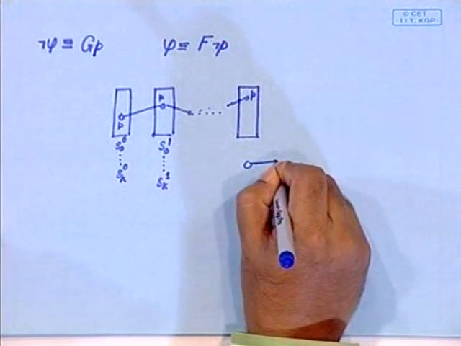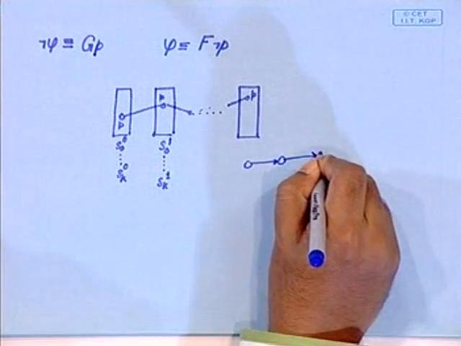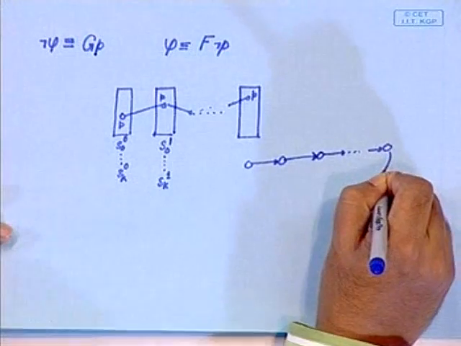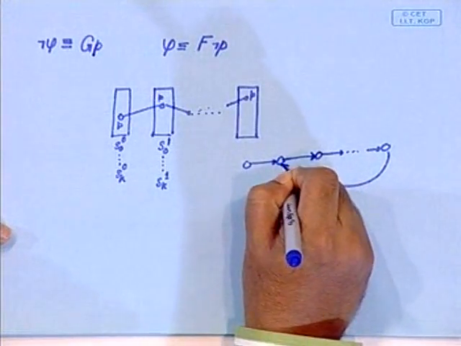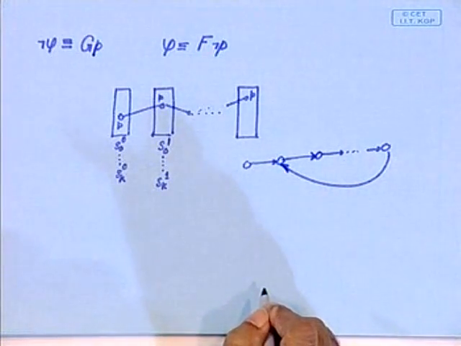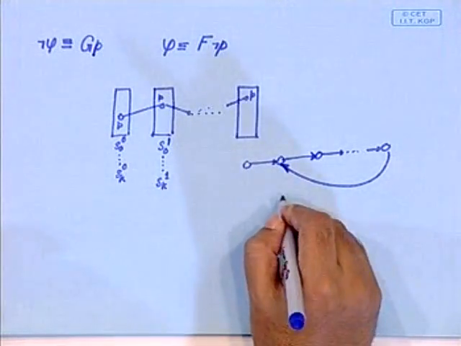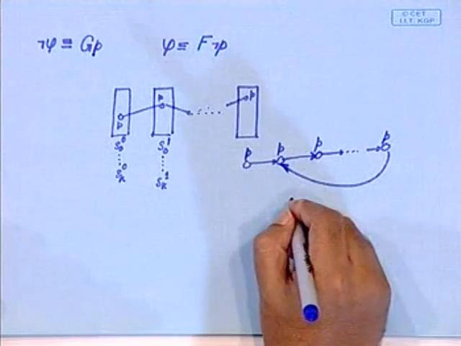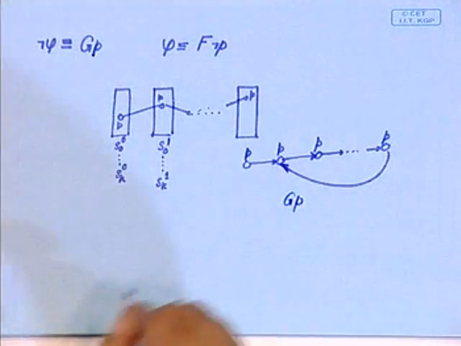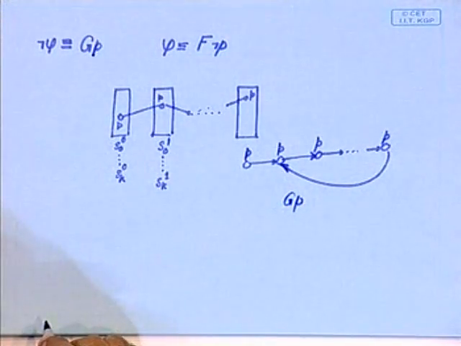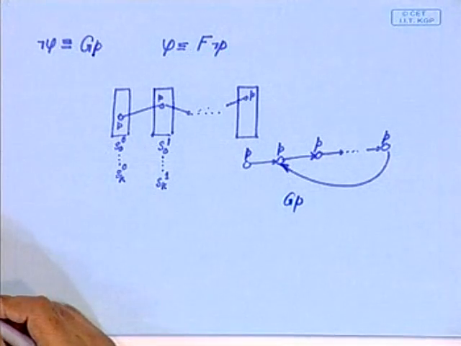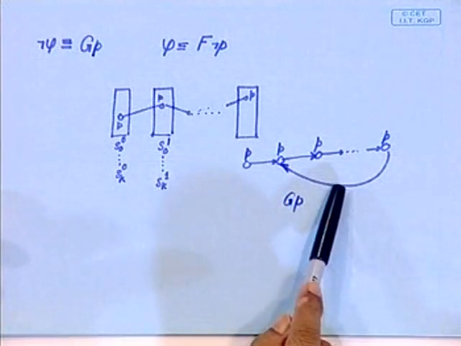You have actually found a path, and you have shown that there is a transition from this state to some previous state. If you have done that, and if P holds on all of these states, then you have found a witness for GP. And then you can say that I have found at least one path where GP holds.